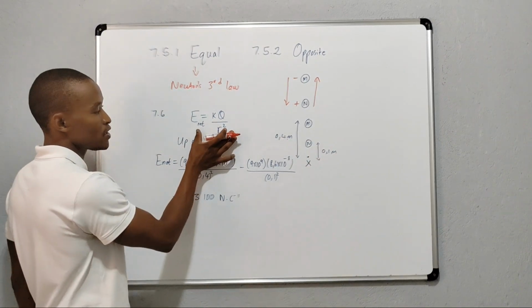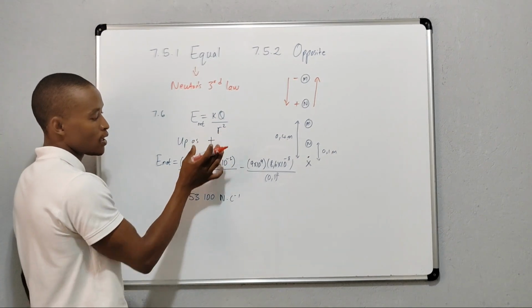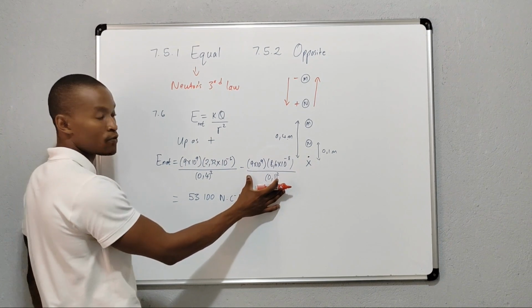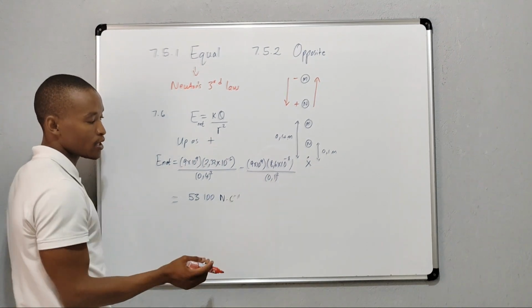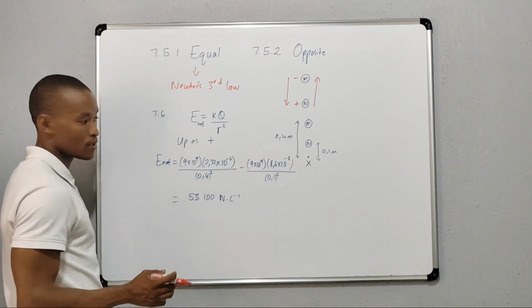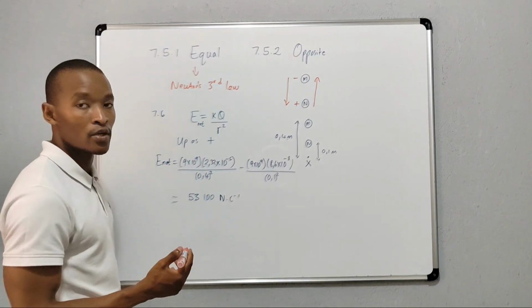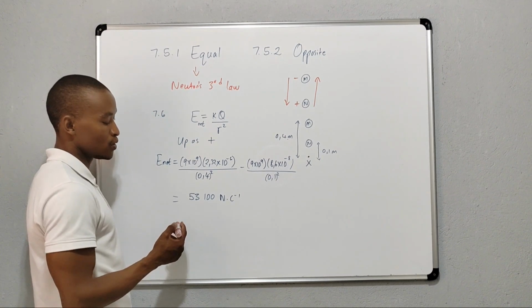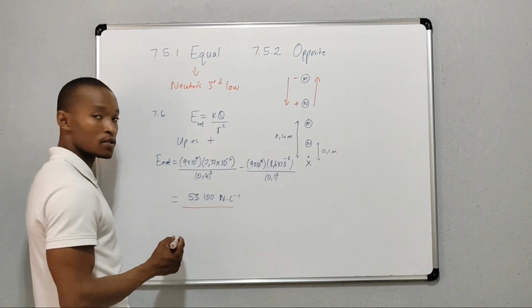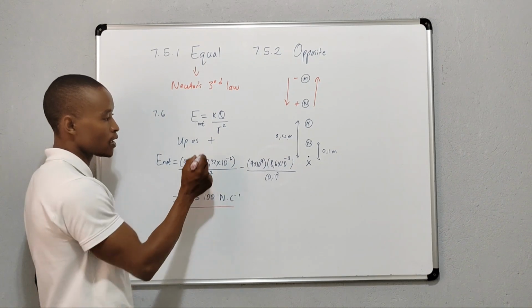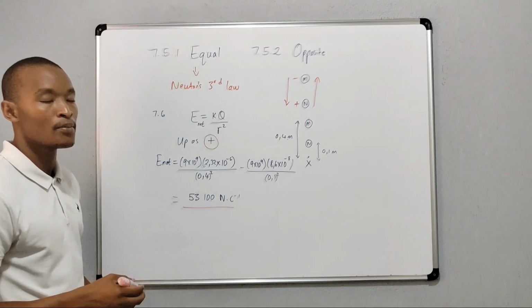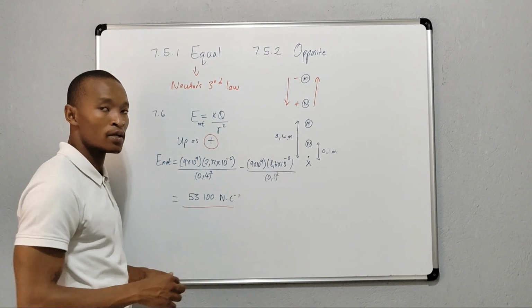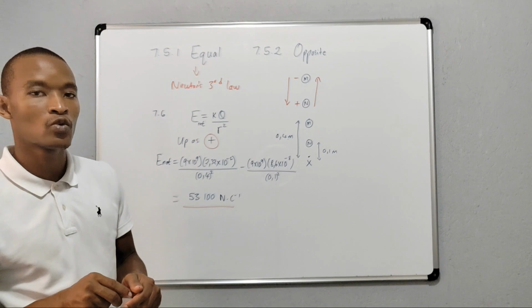Okay, we have the equation that we can use here, and we just plug in our values from the previous results and also the information items in the context to ensure that we get to the final answer. So just ensure that your calculator skills are effective there and you're able to arrive here at 53,100 newtons per coulomb. Okay, you'll notice that I chose up as positive, so that influences the way in which you will order the terms there in the equation.